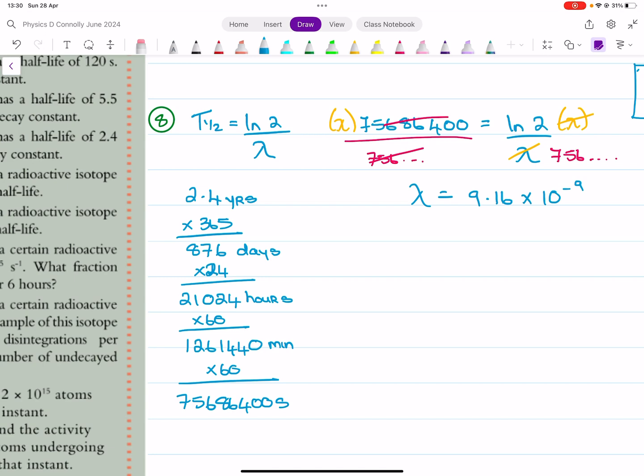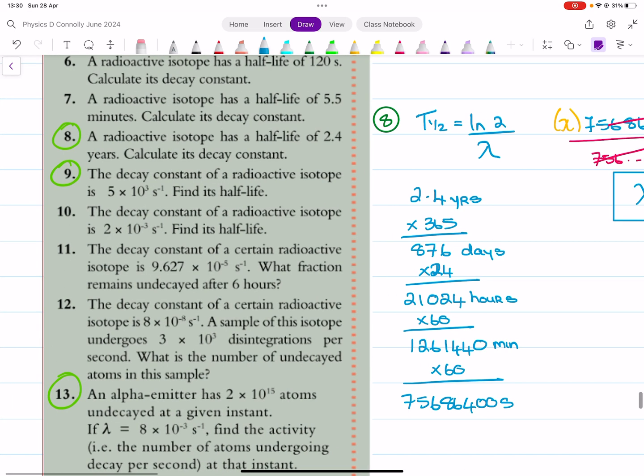And the decay constant, what was the unit? I think it's per second, isn't it? Yeah, because half-life is in seconds, so it's per second is the unit. All right, that's that one.